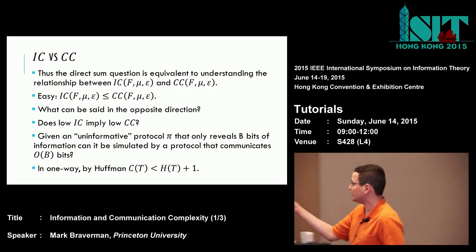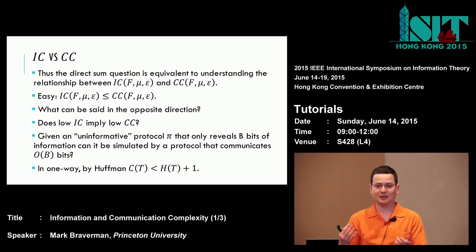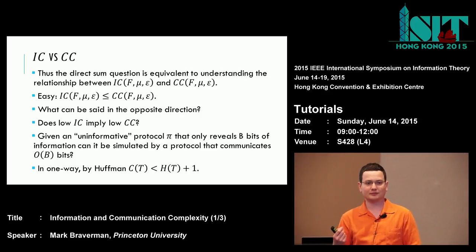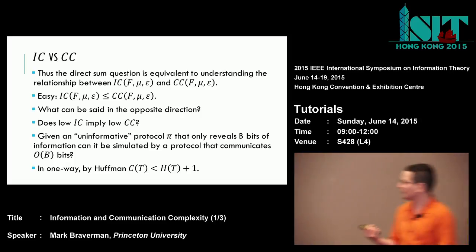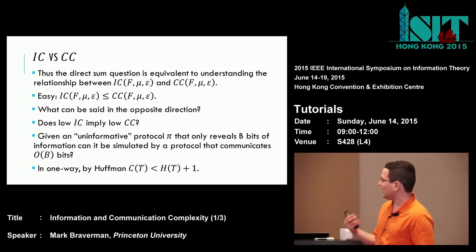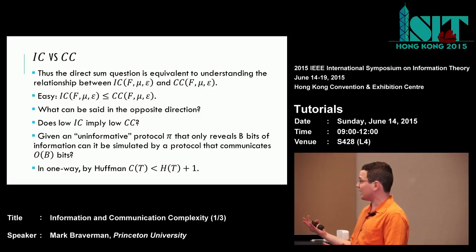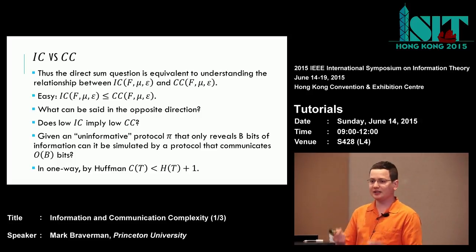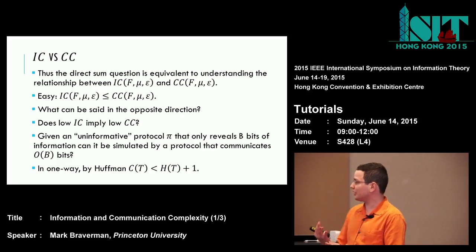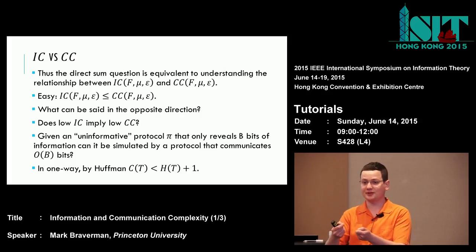In other words, it's almost equivalent to asking the following question. If I give you an uninformative protocol pi, in which the parties don't learn a lot, is it possible to simulate it by a protocol that exchanges few bits?